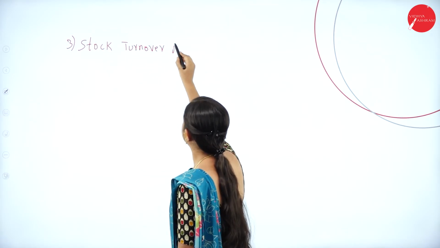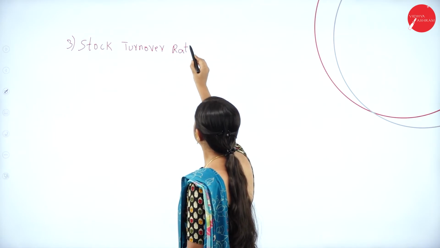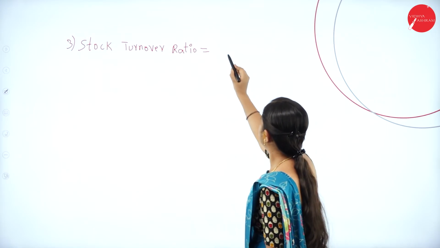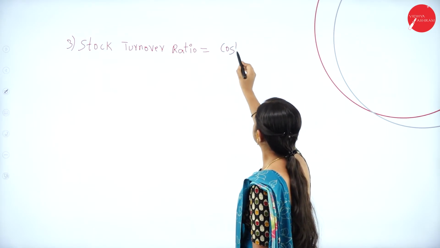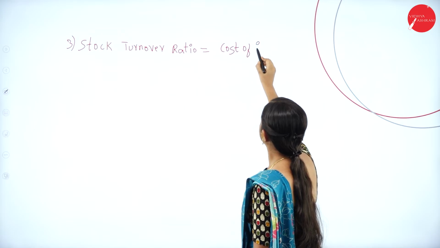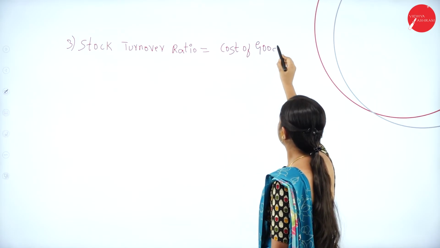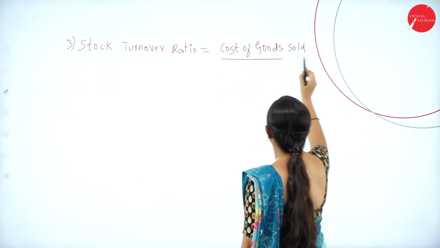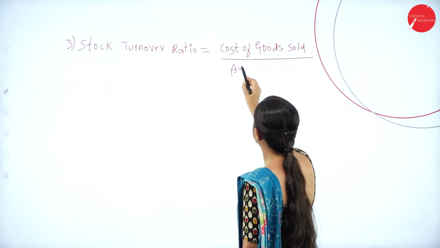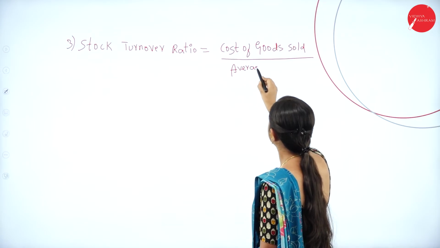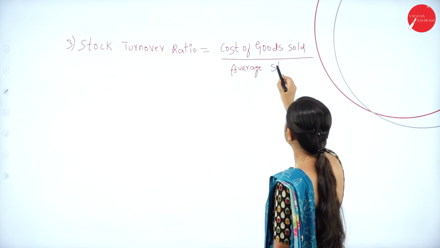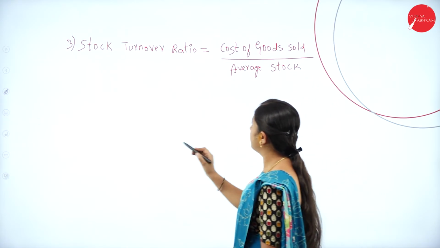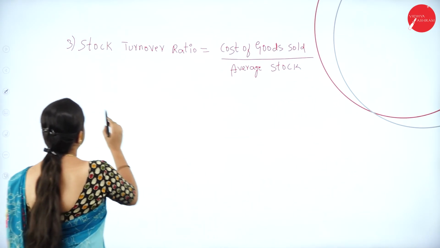Stock turnover ratio is equals to cost of goods sold divided by average stock. So, cost of goods sold can be calculated.